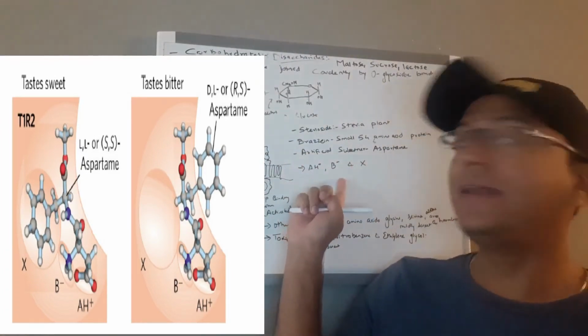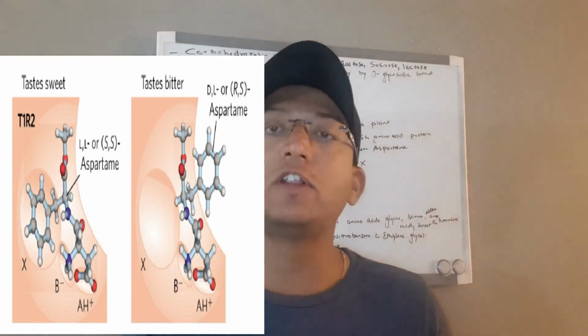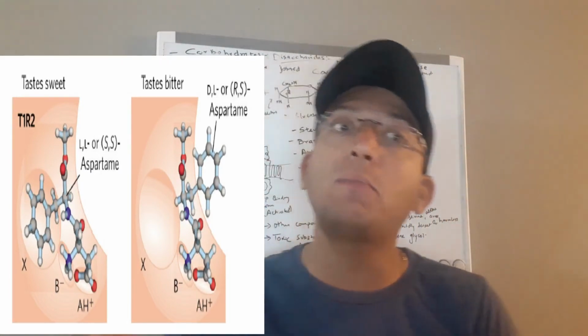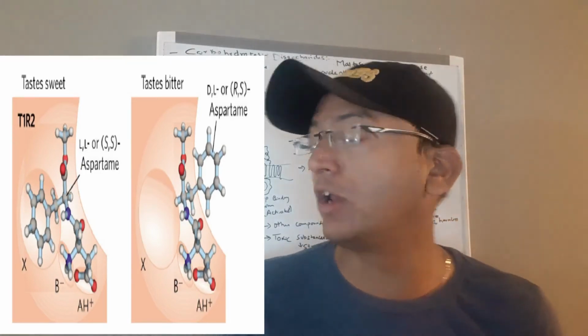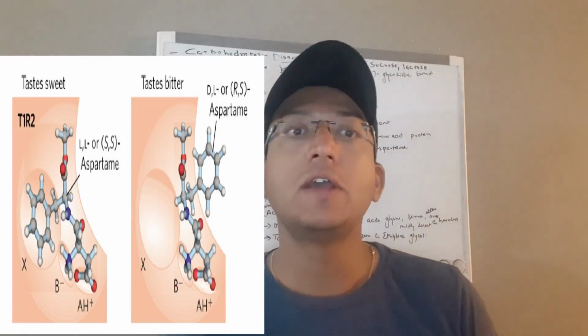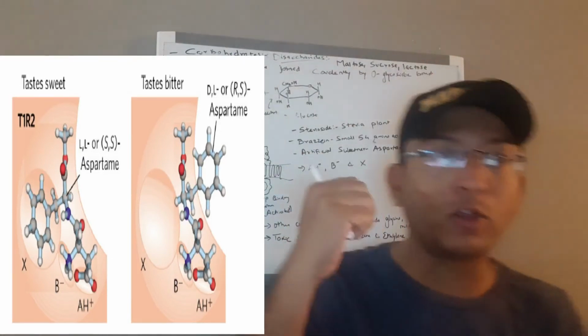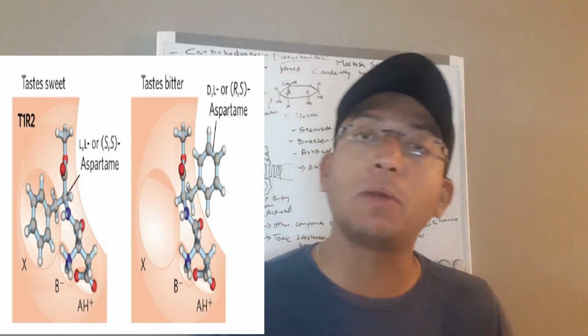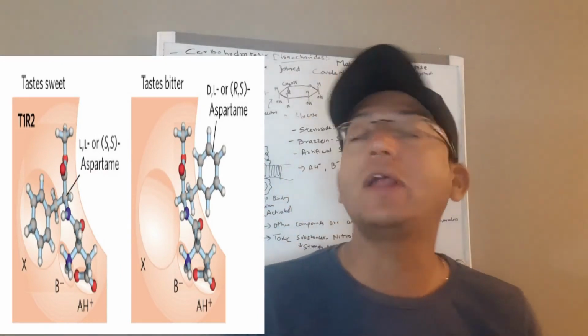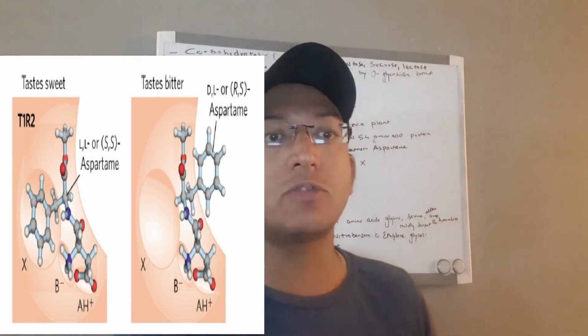The same with the B negative: it contains a group with a partially negative oxygen available to hydrogen bond with a partially positive atom on the sweetener molecule. What does it have? It has the amine group of aspartame. And the site X is perpendicular to the other two groups and is capable of interacting with a hydrophobic patch on the sweetener molecule, such as the benzene ring of aspartame.